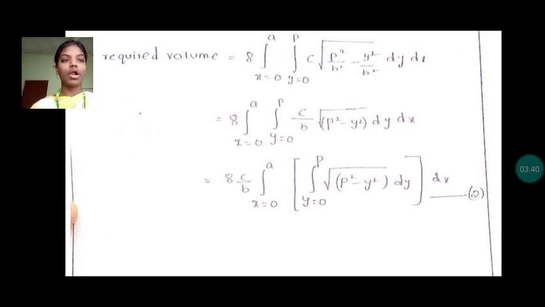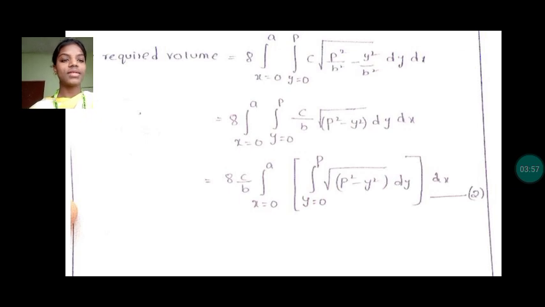Now the required volume is 8 ∫ x=0 to a ∫ y=0 to p c√(p²/b² − y²/b²) dy dx.